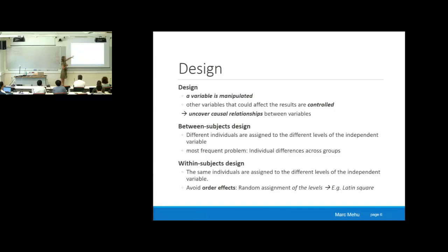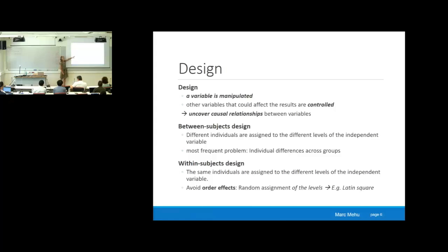And after, you have 2 different types of designs. In perception studies, you want to manipulate variables, okay? So let's say emotions. You want to see whether a person is able to recognize the different emotions you have been implementing in your systems. Either you can have a between subject design, that means that you have different individuals assigned to the different emotions, or you can have within subject, where you have the same people that will do all the stimuli.